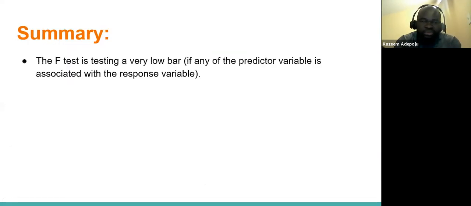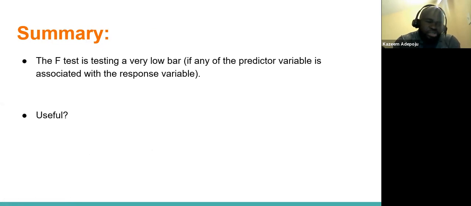Now let's have a summary of what we have done. The F test is testing a very low bar: whether any of the predictor variables is associated with the response variable. That's exactly what we are testing, and you want to use that to measure the relationship between the response and the predictor variable.